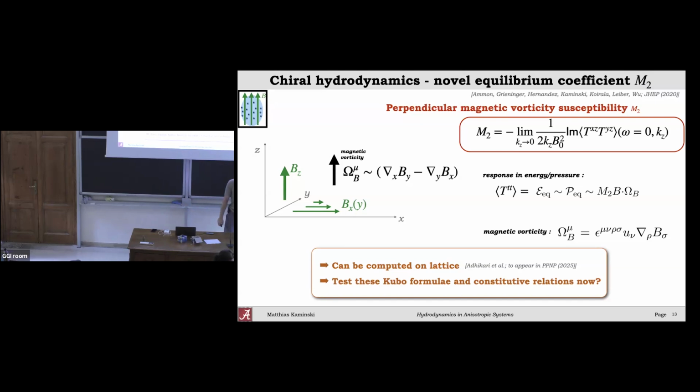Otherwise, we have no hope to get these relations. So we could look for that. We have the Nernst effect, for example, which we saw, and how it's related to these transport coefficients.